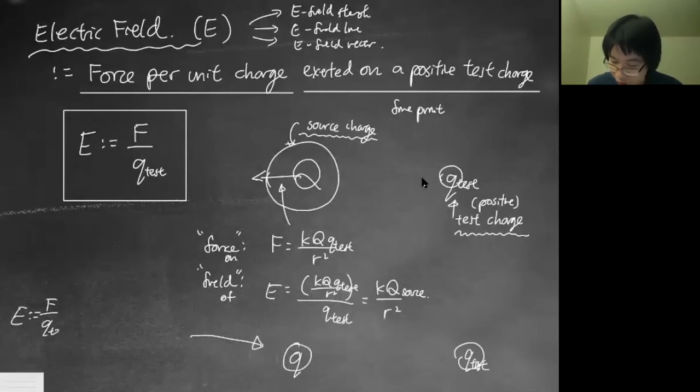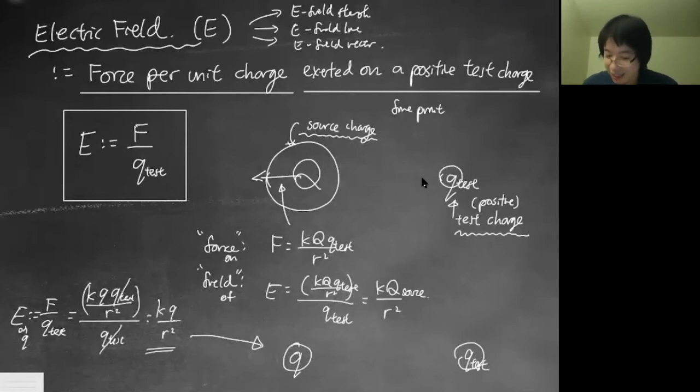So what is the force on this guy, on Q? It's KQ, Q test, divided by R squared, over Q test. This cancels out, so I get KQ over R squared. So this is the electric field of this guy, and this is the electric field of this guy.